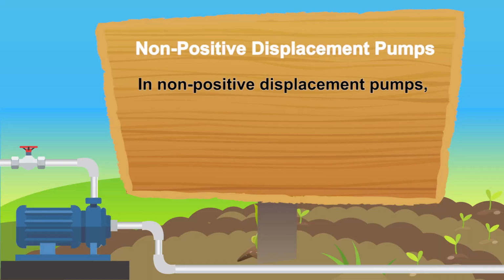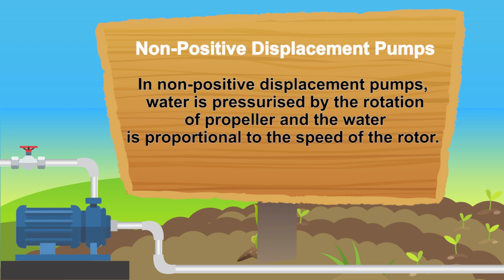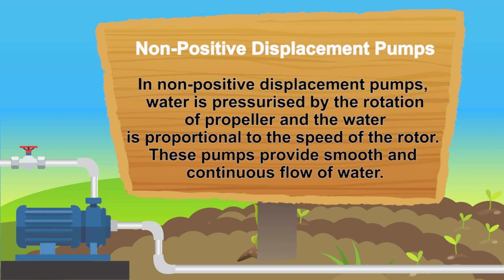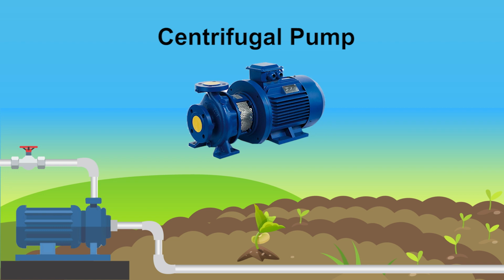Non-positive displacement pumps. In non-positive displacement pumps, water is pressurized by the rotation of a propeller and the water pressure is proportional to the speed of the rotor. These pumps provide smooth and continuous flow of water. For example, centrifugal pump.